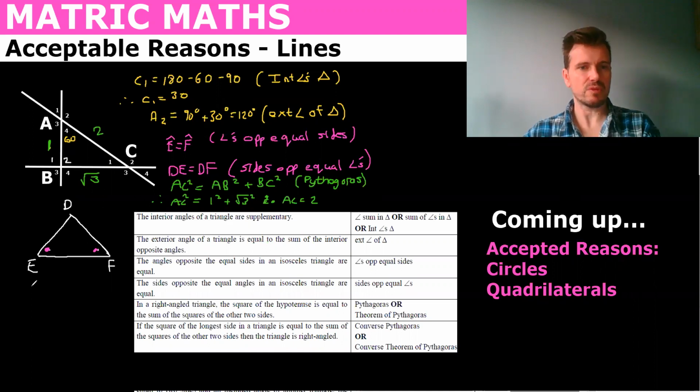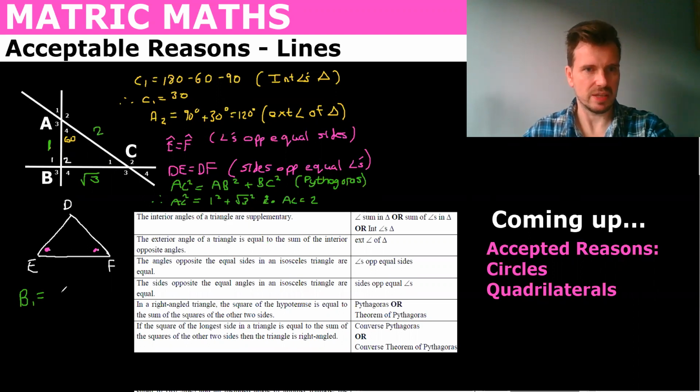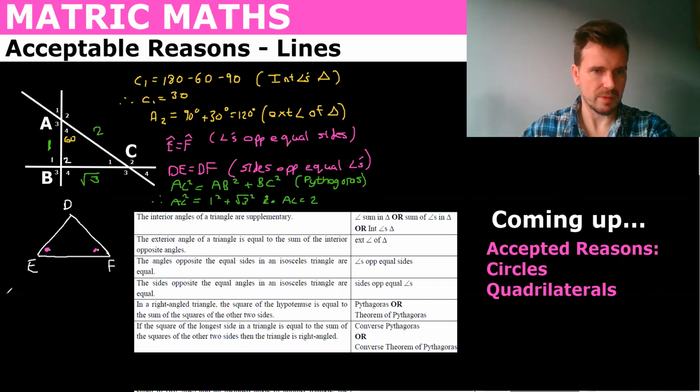So we could therefore say that B1, we'll do it in green. We could therefore say that B1 is equal to, because of this, the fact that this is, so we would have to say, this. AC squared equals AB squared plus BC squared.